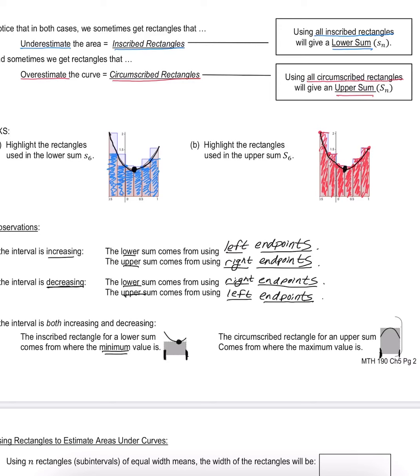So here again, if this is my fourth rectangle or something, and we're asked to do an upper sum or a circumscribed rectangle, it could come from some point in the middle of that interval. So this could happen in theory, of course, it can happen. I don't think this is probably going to come up so much for you in terms of homework or anything like that, but it's just something that we should say for completion here.